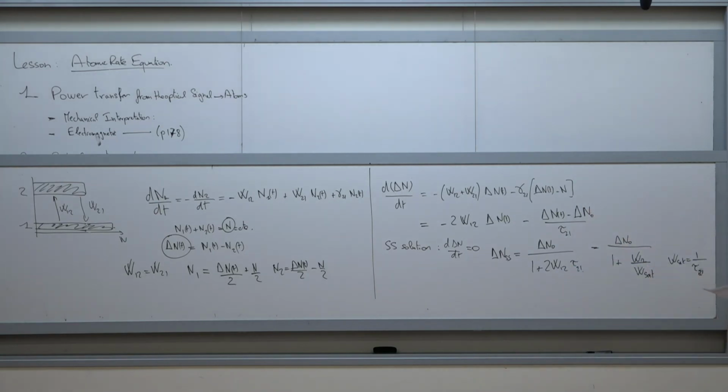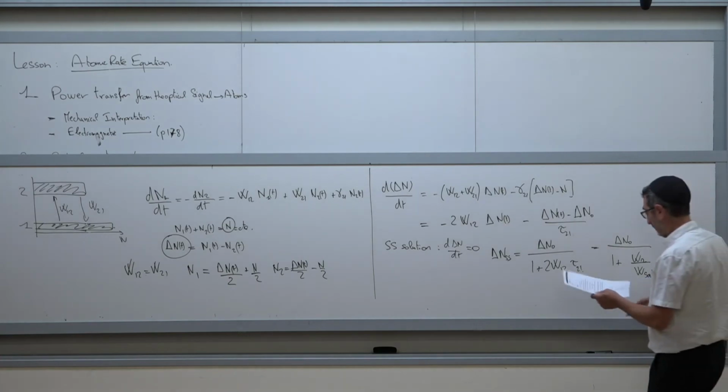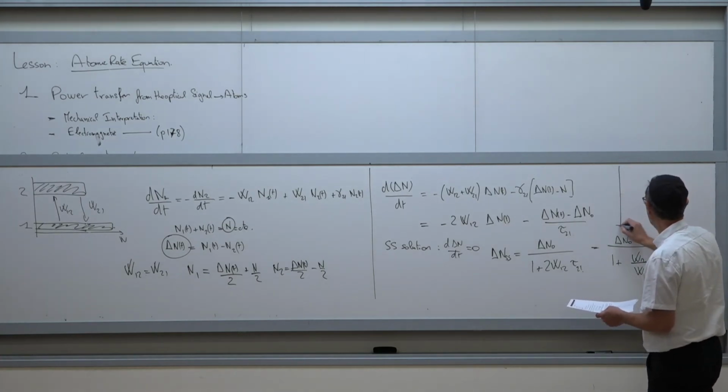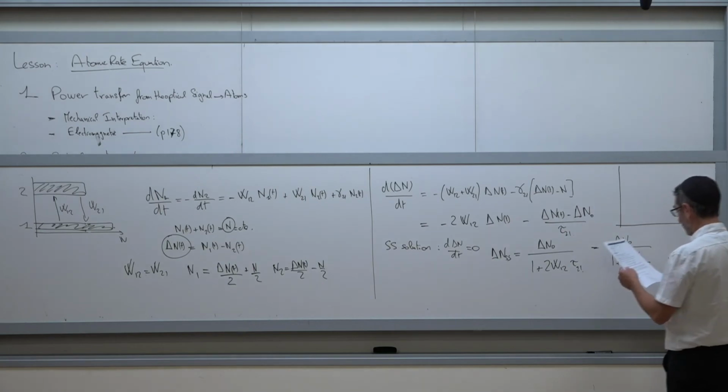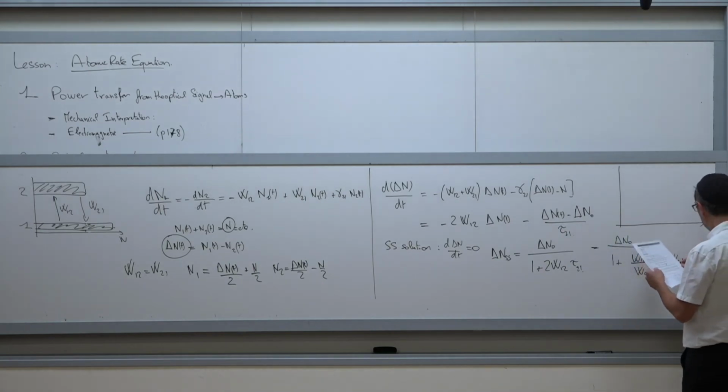Okay. So if you draw this curve here, you get something like that as a function of the intensity of the external field, as a function of W12.